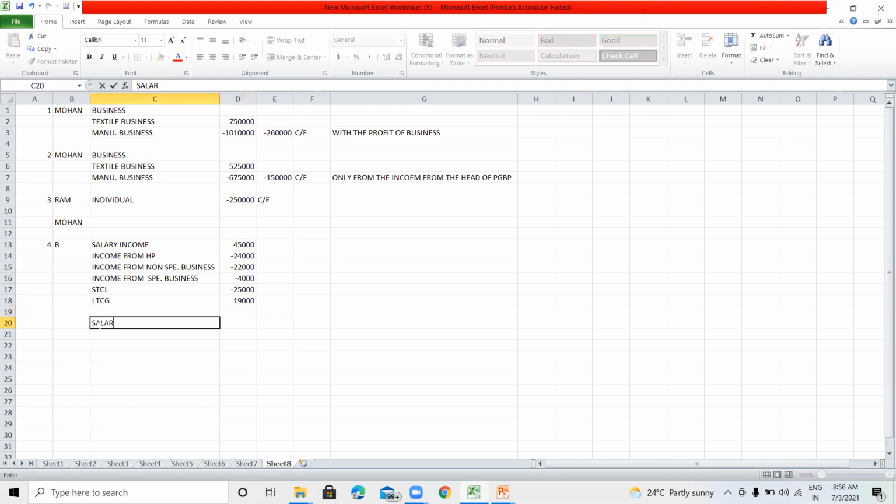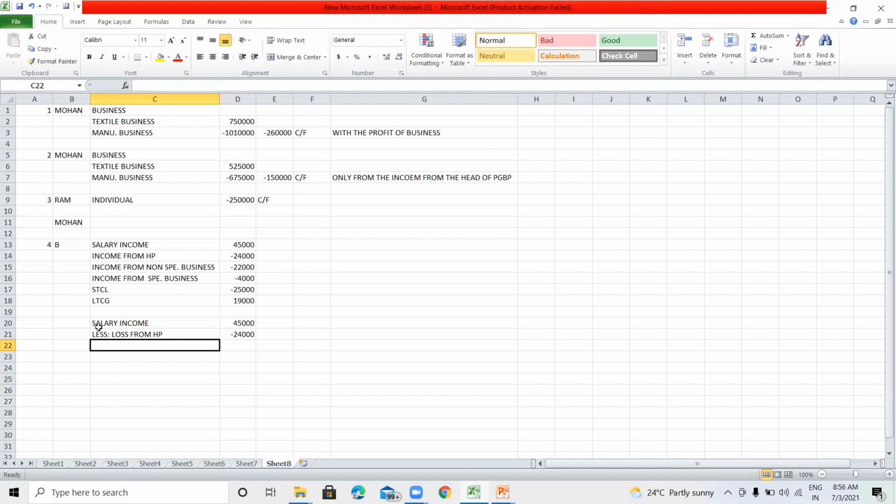Salary income is 45,000 rupees, less the loss from house property, which we can adjust. Now there is income from other business.